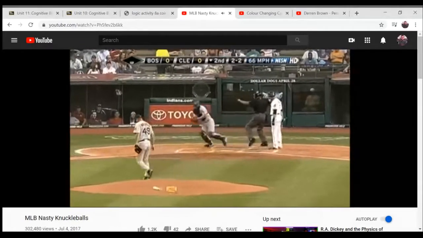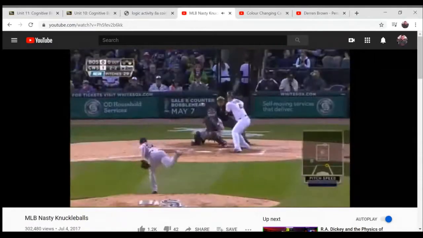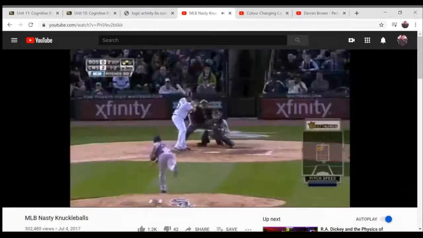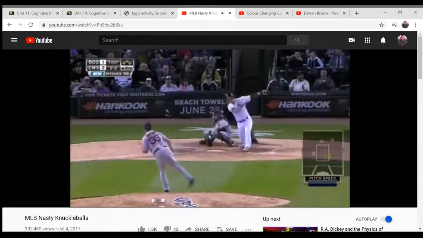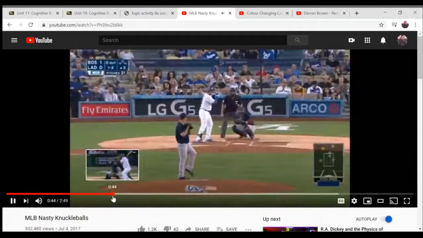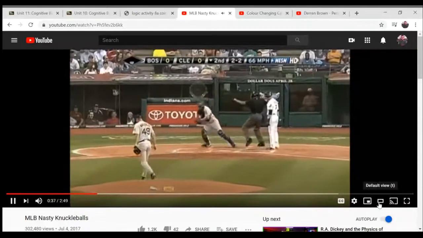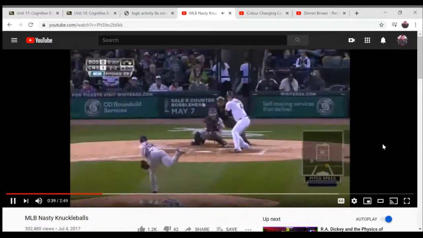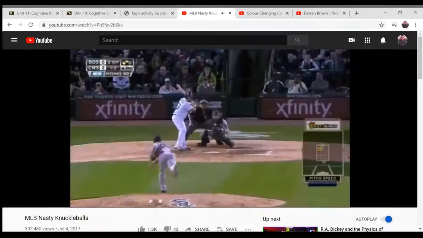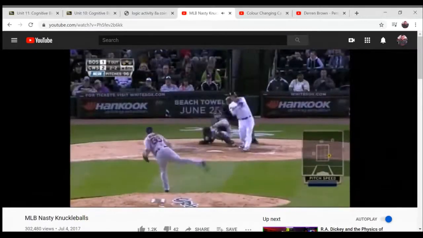When a knuckleball pitch is thrown correctly, the ball, when it's thrown, doesn't spin at all. I'm not sure if you're able to see that in that particular video. I'll go back for a second to just that one part here. The ball isn't really spinning at all. Here it is again. Normally a ball spins a lot.